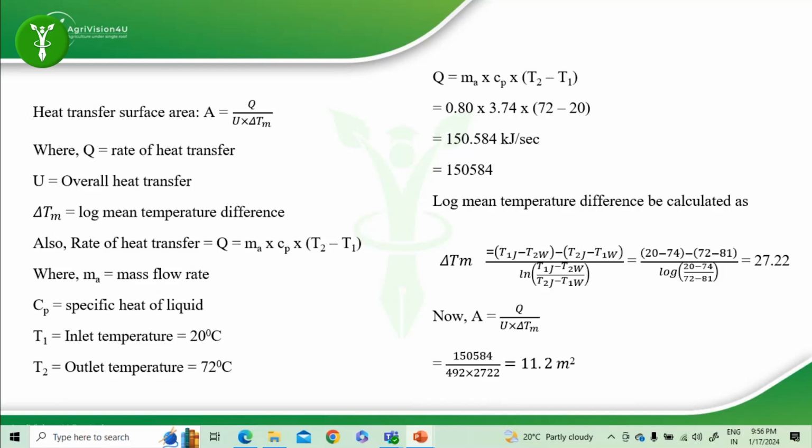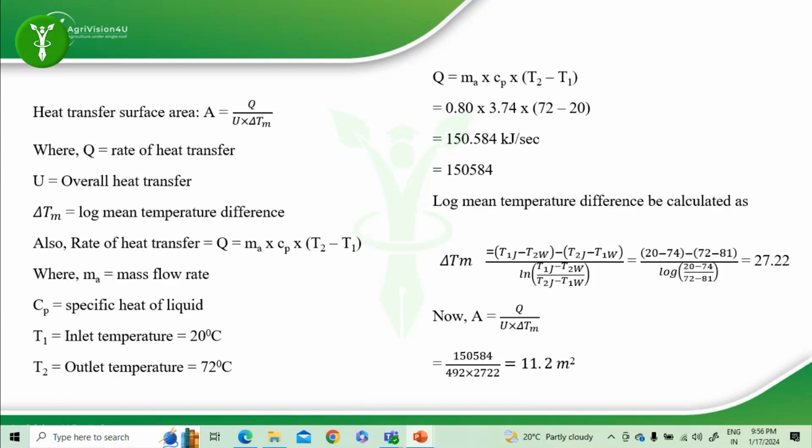Also, what do we know? The rate of heat transfer is equal to m Cp dT, where dT is T2 minus T1. That is for the orange juice, where m is the mass flow rate.